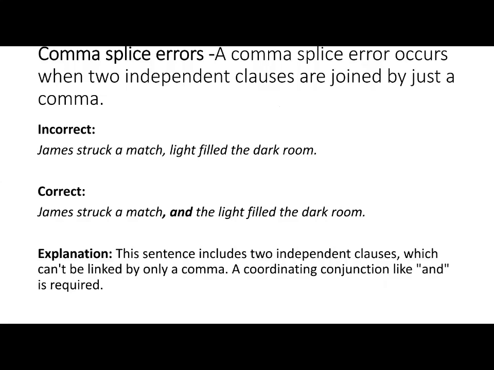Comma splice errors occur when two independent clauses are joined by just a comma. So, James struck a match, comma, light filled the dark room. Again, this sounds like something you might want to hear in a song, but it's not necessarily correct. The correct version is James struck a match and the light filled the dark room.